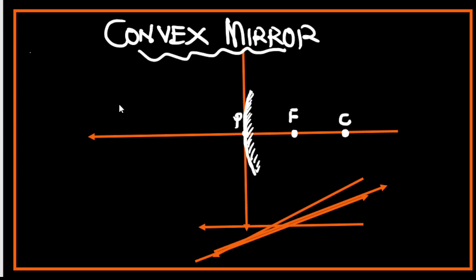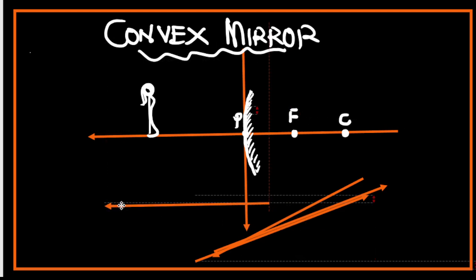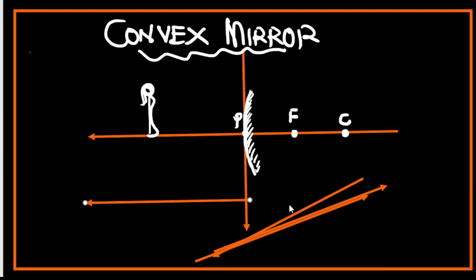So, say you have a lady, let's make use of a lady, standing in front of this convex mirror. Then we want to draw ray diagrams that will help us interpret what is happening. So first thing, I want to make use of rule 1. And what does rule 1 state?